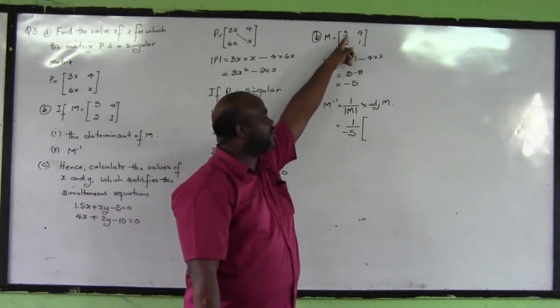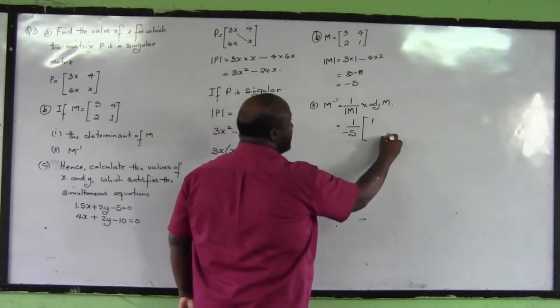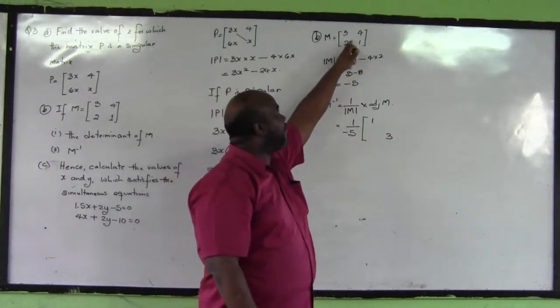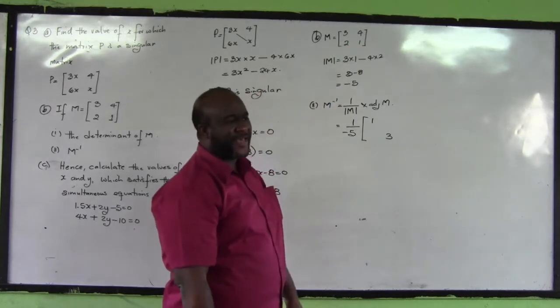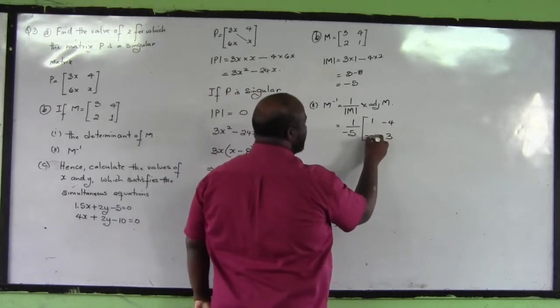So these two are going to change positions. So this is 1 and this is 3. These two stay where they are, but their signs change. So this is minus 4, minus 2.